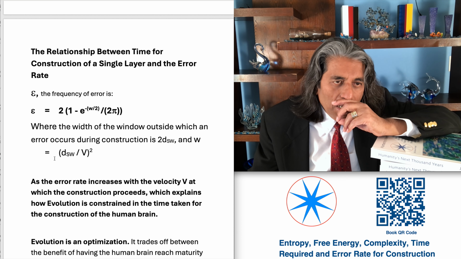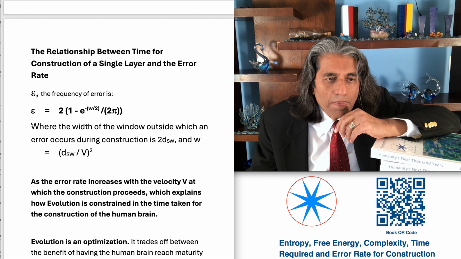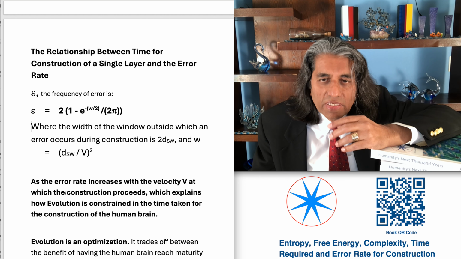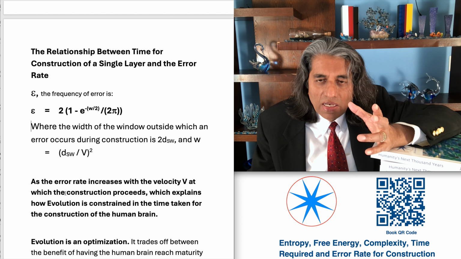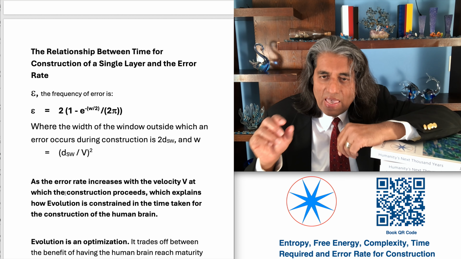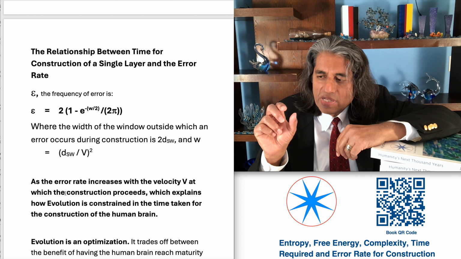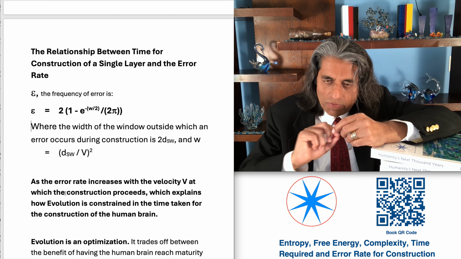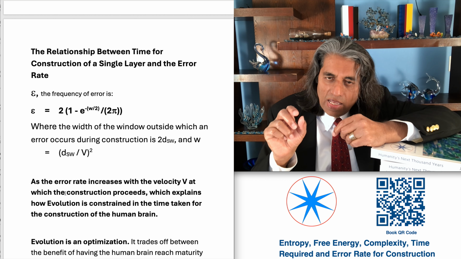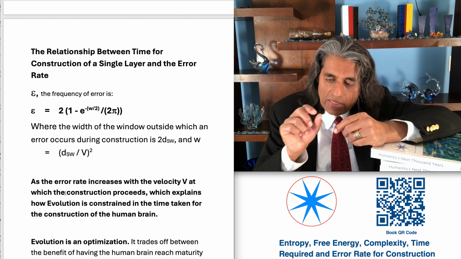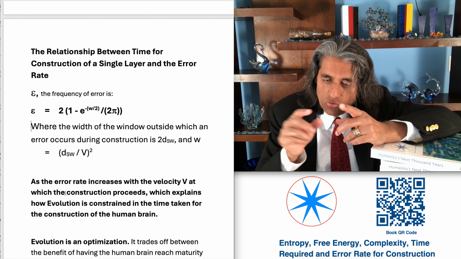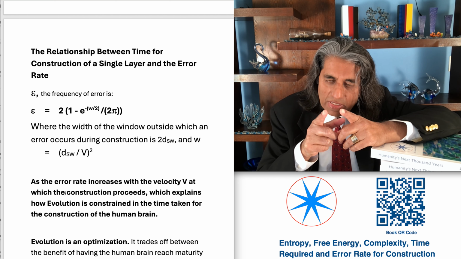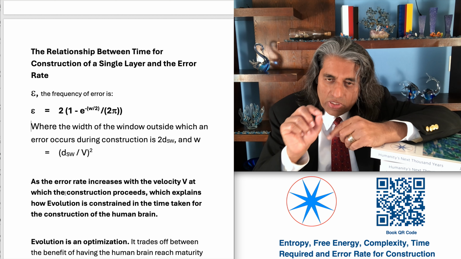If the speed becomes larger, then that window of time becomes smaller and smaller because the element will be moving very fast. So it needs a smaller and smaller time as velocity of the element increases to stick to the right position.